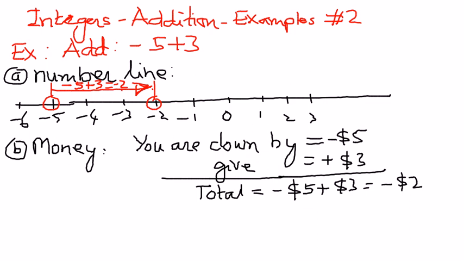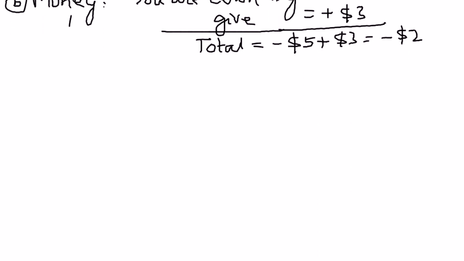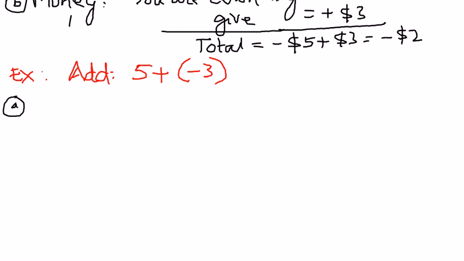So let's look at another example. In this example, we want to add 5 to negative 3. So we will use the first method, which is the number line.